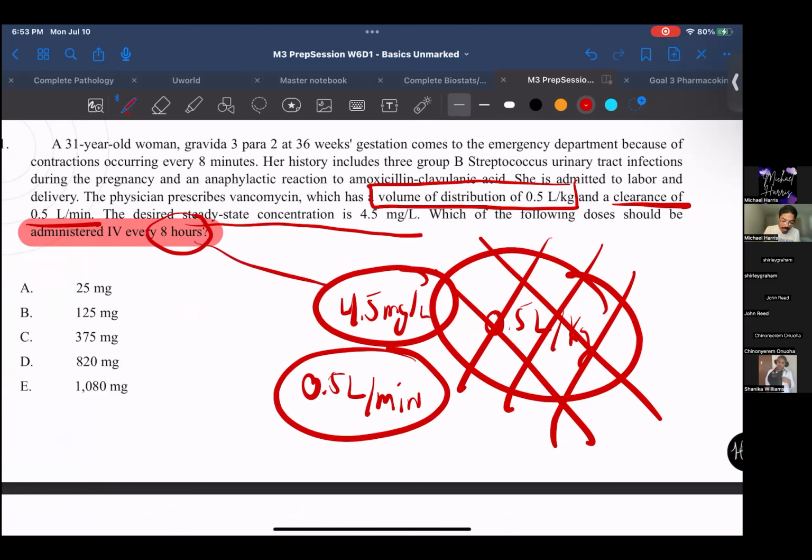These three multiplied together. Okay? Good.